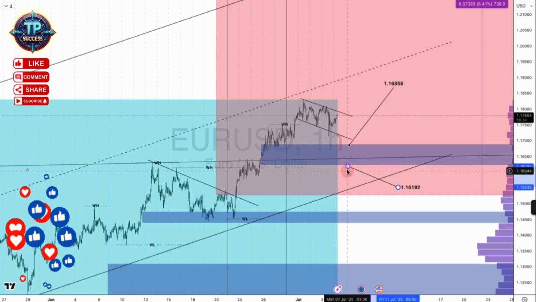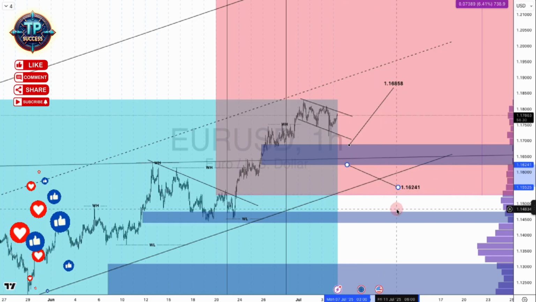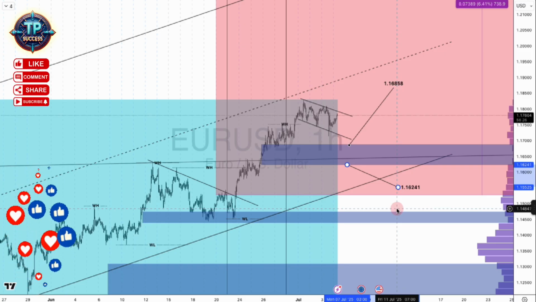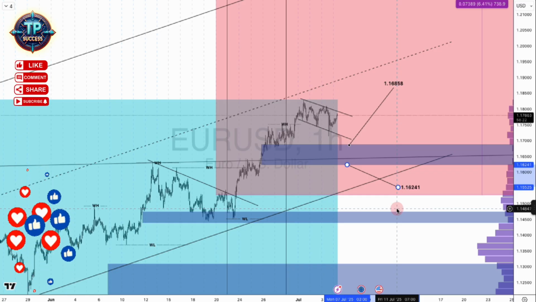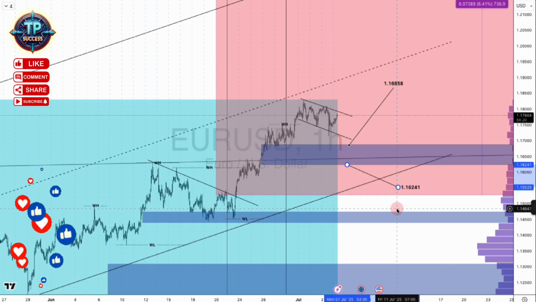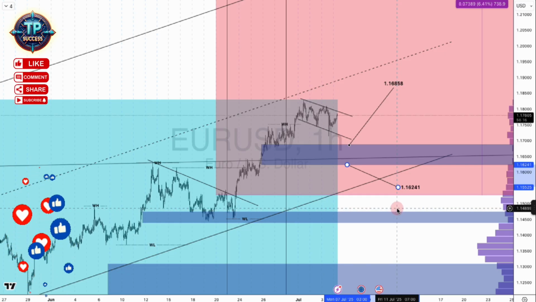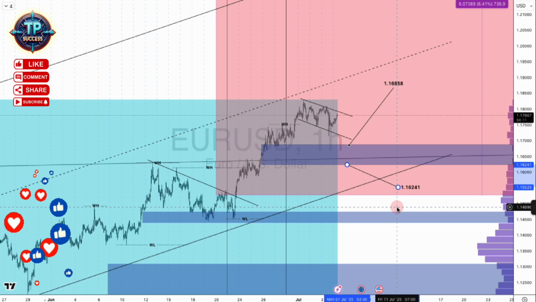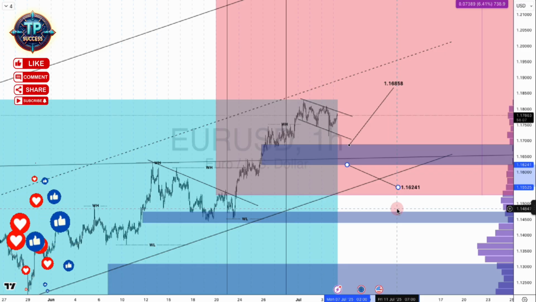So if price closes below this low value node area, and that price point is 1.16241, let's wait for a retest before we consider joining. If you set your alerts and it's gone over, you're now alerted. Wait to see if it comes back into it again. If it does, then jump in. If it doesn't, you will get another opportunity.